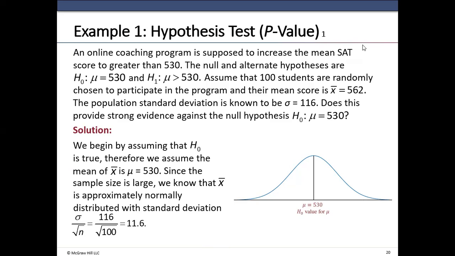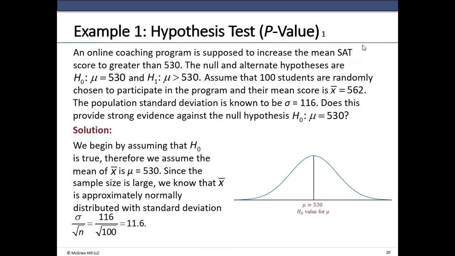We can do it using the calculator. We do stat, highlight test on the top row, scroll down to z-test. Why do we select z-test? Because we know the population standard deviation is 116, and hit enter. So stat, test, z-test. Input should be on stats because we know the summary stats of the sample. Mu0, what are we comparing it to?